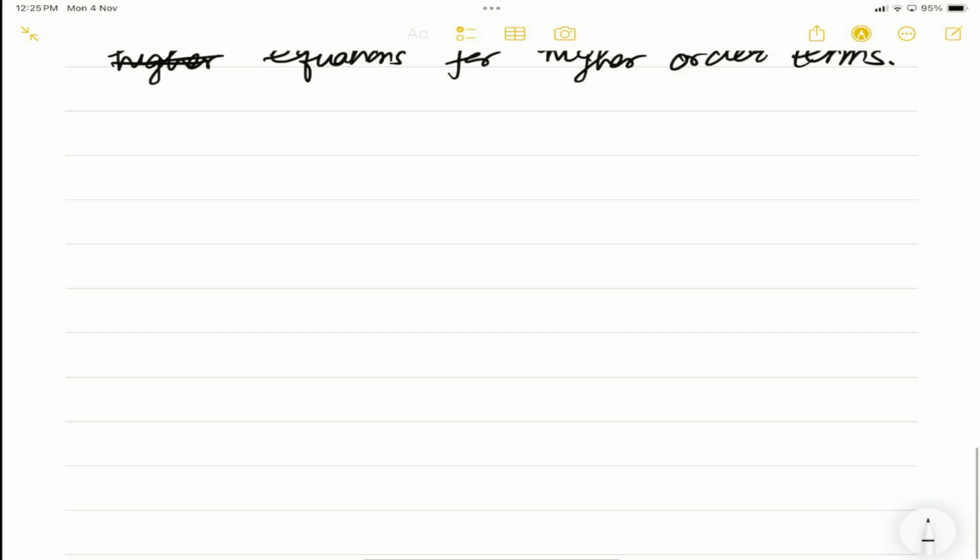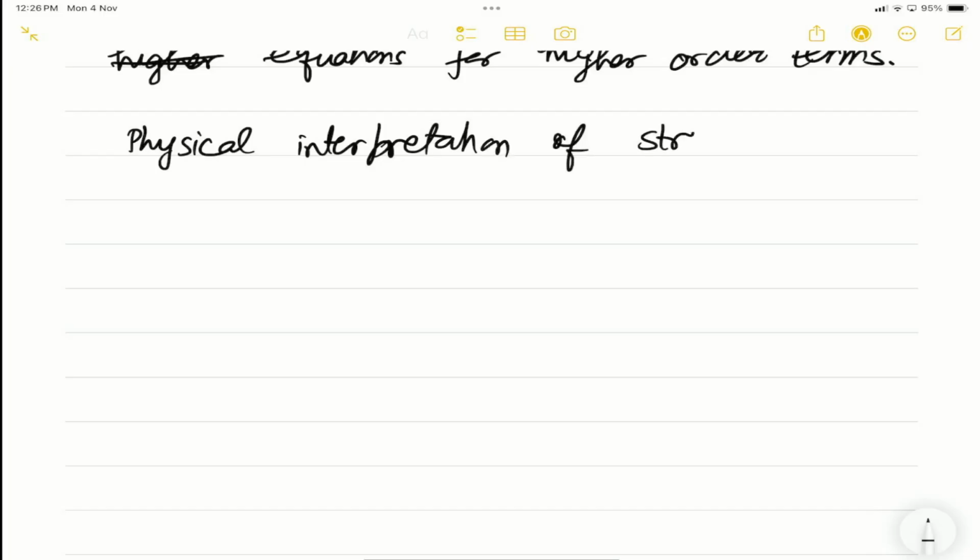physical interpretation of the stress terms.